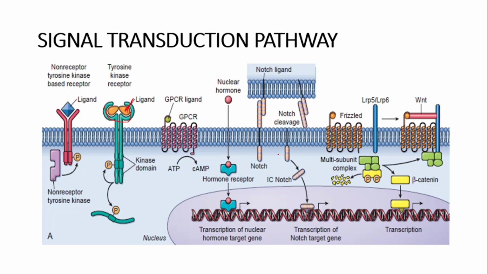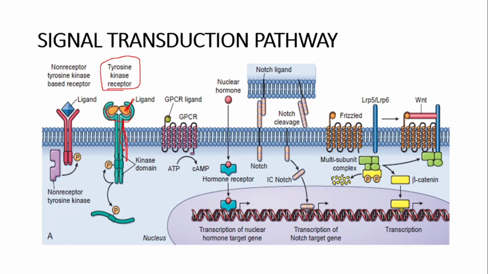So the first one is tyrosine kinase receptor, okay, which is the most commonly heard one, and it is an integral membrane protein, which means it resides within this bilayer. As you can see, it is passing through this bilayer of cell membrane.